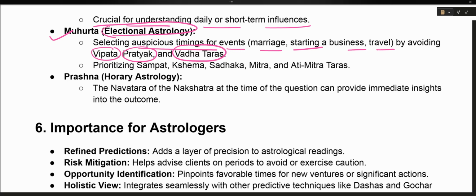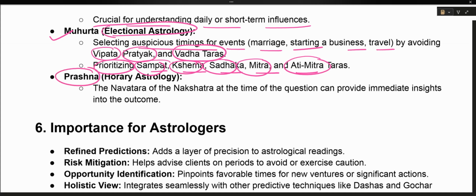You have to prefer Sampat, Kshema, Sadhaka, Mitra or Atimitra Tara. These are highly beneficial stars. If you are undergoing a dasha or a sub period, and that planet is in one of these prioritized taras, then that planet will give you a very auspicious result.